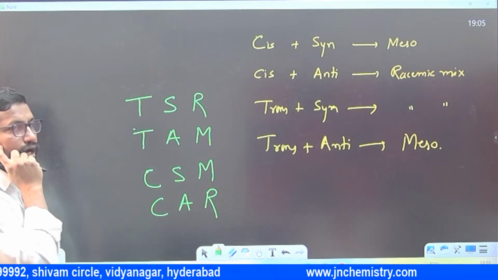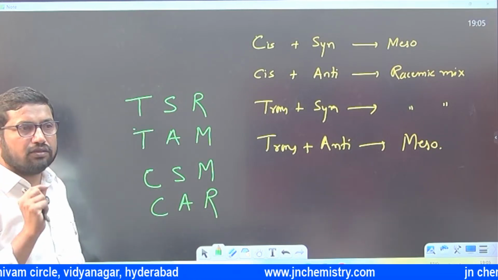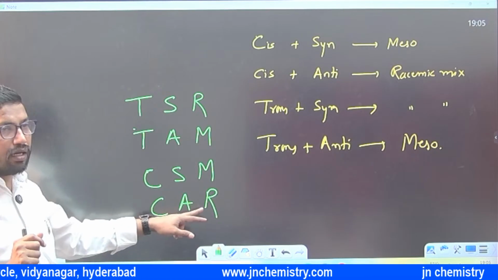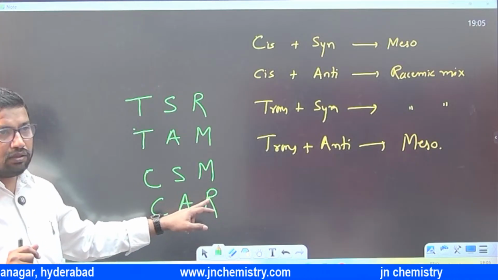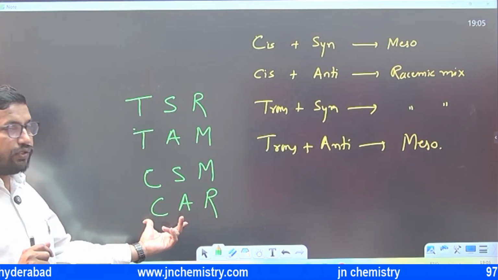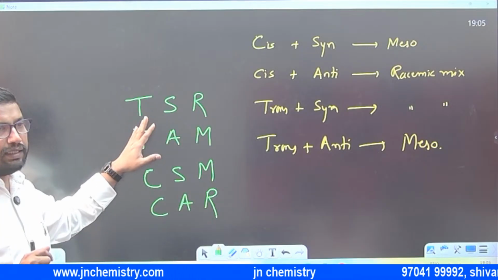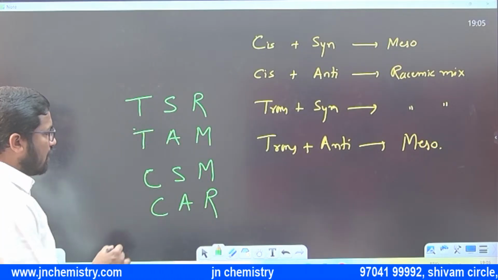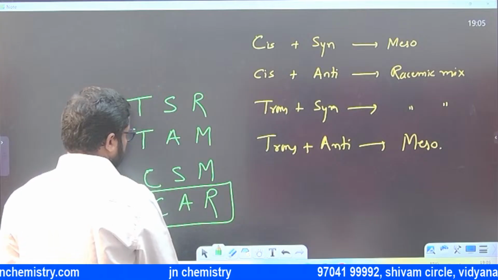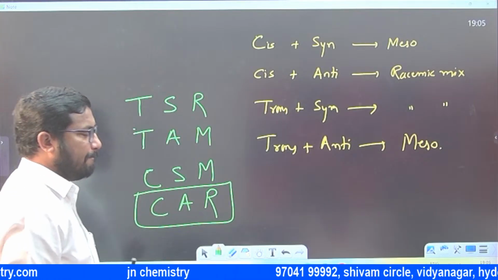So we'll go with CAR. Remember CAR: cis, anti-addition, racemic mixture. Once we know CAR, the remaining everything is easy. We can easily derive it. Write it down. CAR is important.